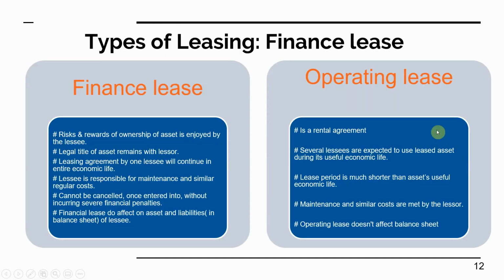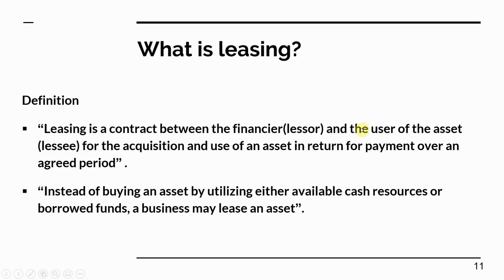In this session we are going to study how many types of lease there are and what their major differences are. There are two major types of lease: finance lease and operating lease. The major difference is that under a finance lease, the risks and rewards of ownership of the asset are enjoyed by the lessee. Who is the lessee?